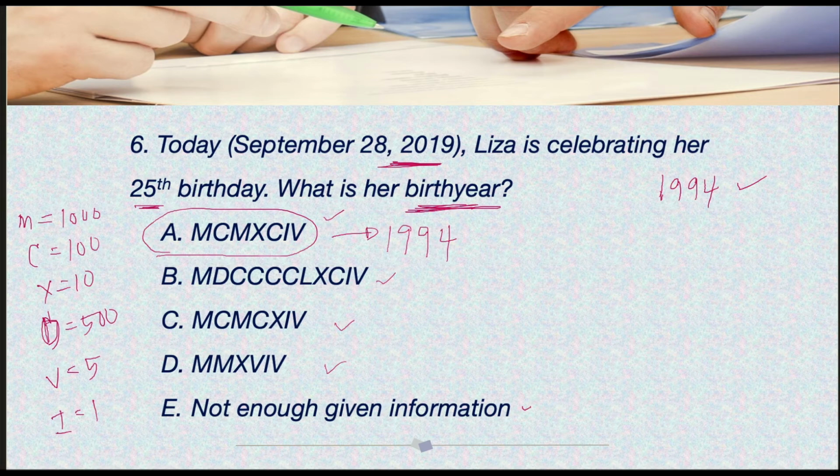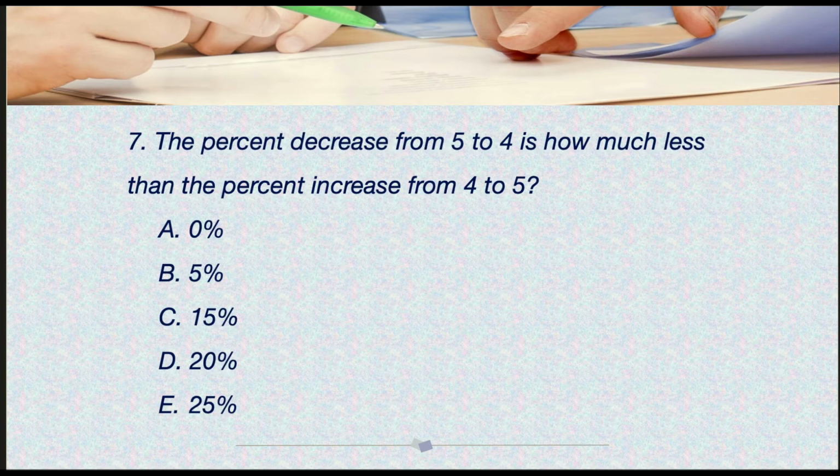Okay? Number 7. The percent decrease from 5 to 4 is how much less than the percent increase from 4 to 5? The problem seems a very simple statement, but a very confusing one. Because when we decrease from 5 to 4, we started from 5 parts to 4 parts, right? And if there are 5 parts, it means that 1 part is 20%.